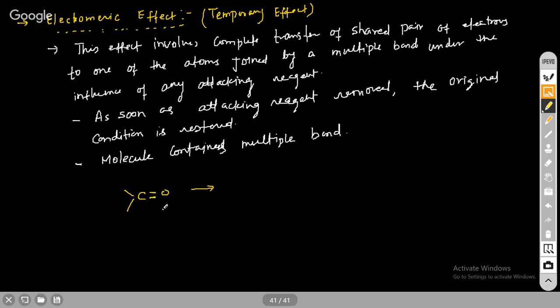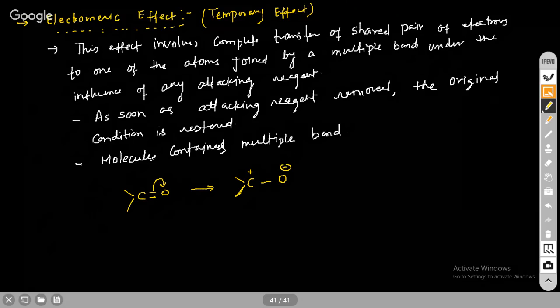Since oxygen is more electronegative, any nucleophile, if it attacks, this pi electron will shift towards the more electronegative element, which is nothing but oxygen. So we get here C positive and O negative charge on it. This is how shifting takes place.